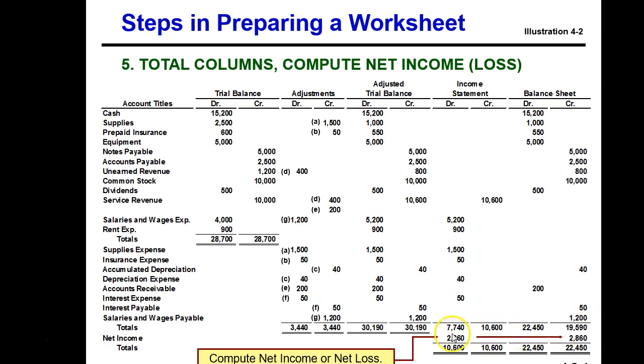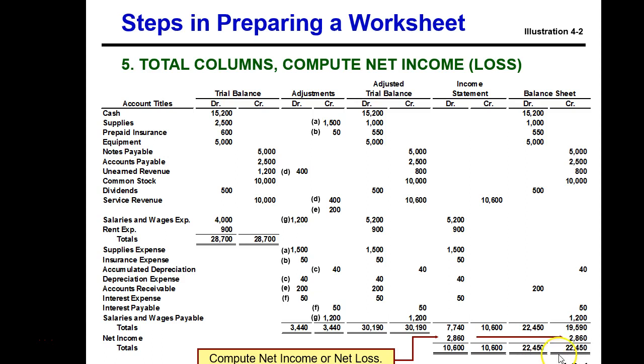So for my income statement, the debit column was smaller. I'm going to add the net income amount to the debit column. Now my debit and credit columns balance one another. When it comes to the balance sheet, notice that my credit side was smaller. I'm going to add the net income to the credit side of my balance sheet.